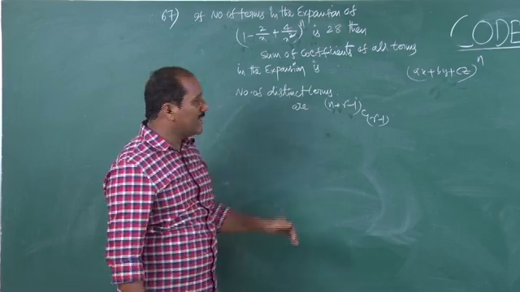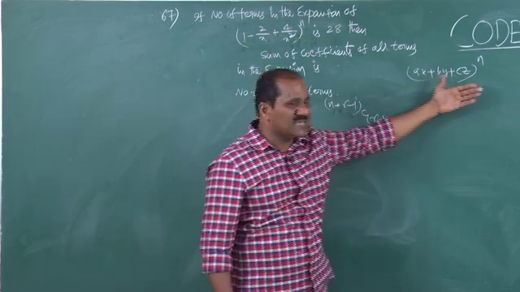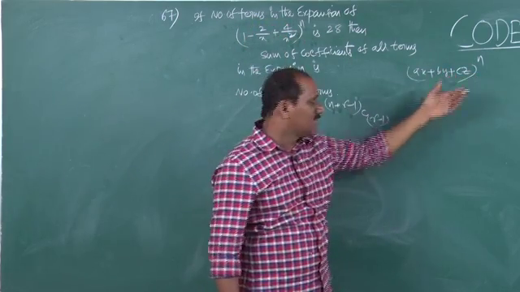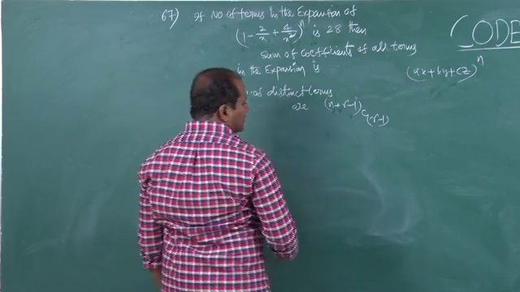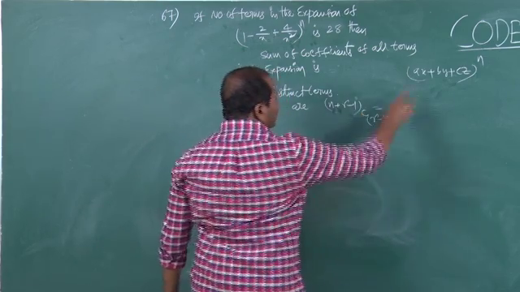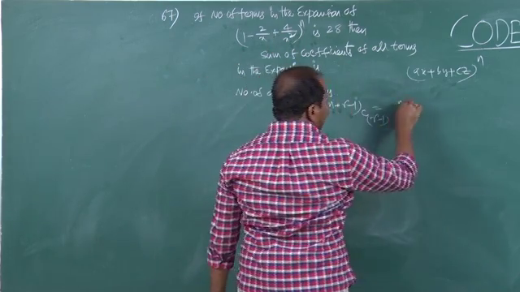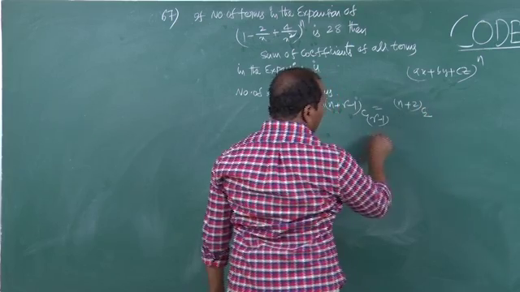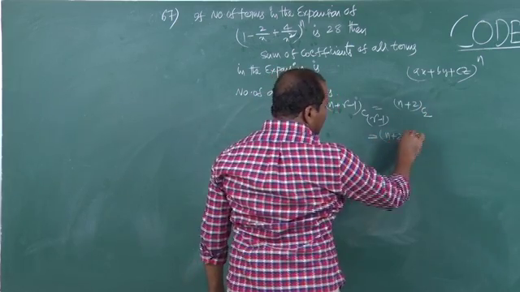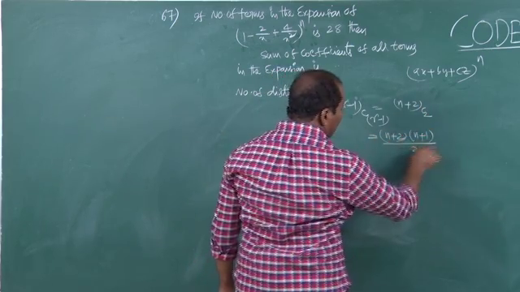So by treating the given expansion as a trinomial expansion, the number of distinct terms are, here 3 terms are given, so (n + 2) C 2, that is equal to (n + 2)(n + 1) divided by 2.